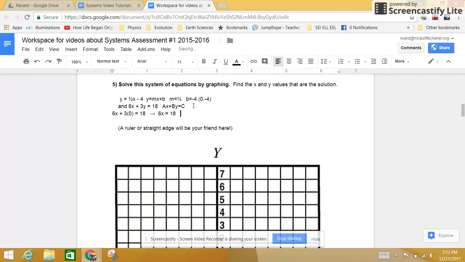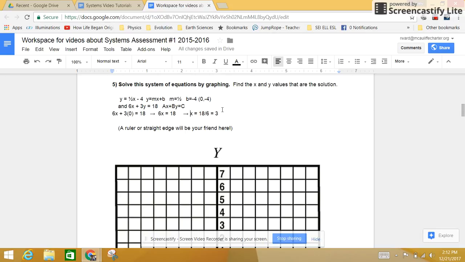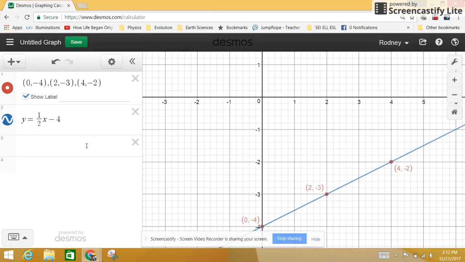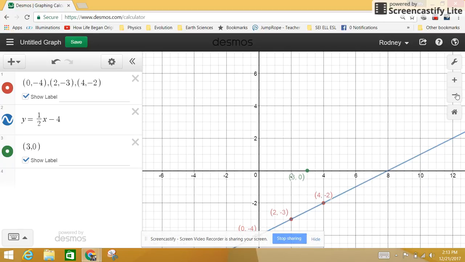And if I divide both sides by 6 to solve for x, I get x equals 18 sixths, because I'm dividing by 6, equals 3. So x is 3. So I have an x-intercept at 3, 0. I'm going to go ahead and plot that. 3, 0. Show label. I'm going to move this around a little bit. I'm going to zoom out a little bit too.